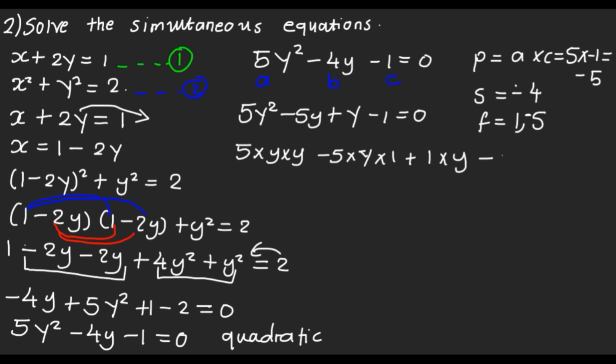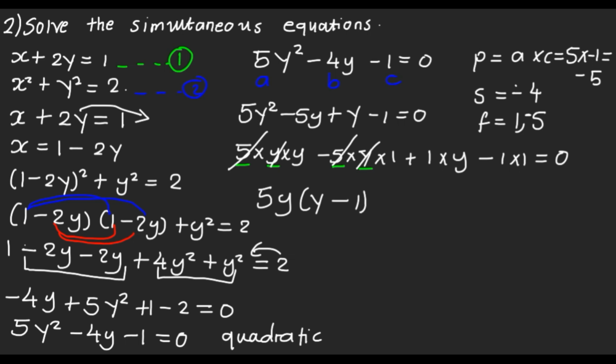Then this is same as negative 1 times 1 is equal to 0. So what is common from the first part? So 5 is common. What else is common? Y is common, which simply means that 5y open bracket. So if we get rid of this, we have y remaining. If we get rid of this, we have 1.